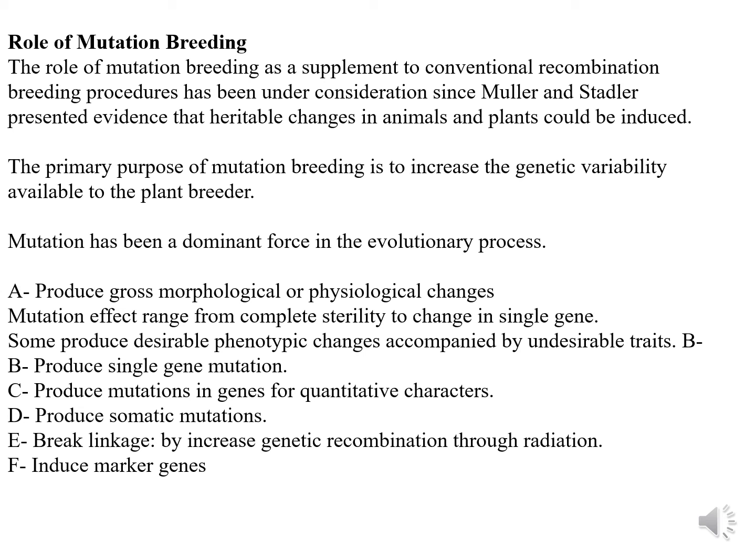The other one is to produce single gene mutation. And you remember we said that some of the chemicals that we use can produce single gene mutation, and these can be used as markers in marker assisted breeding.